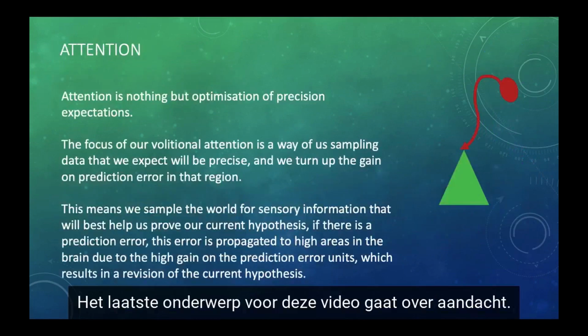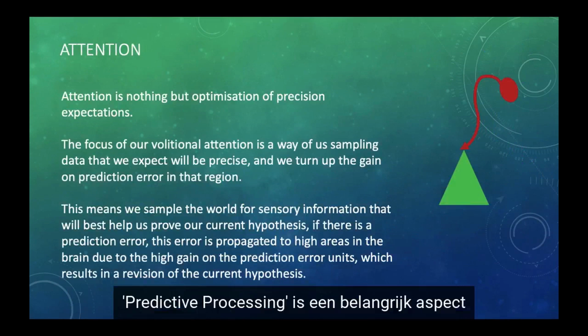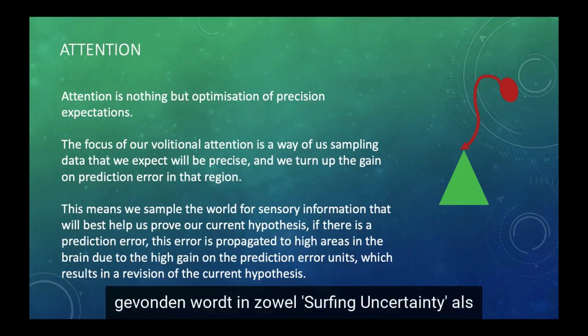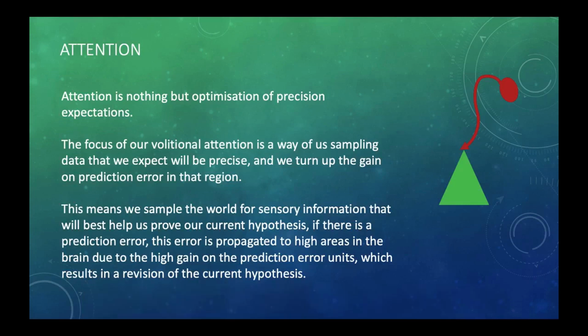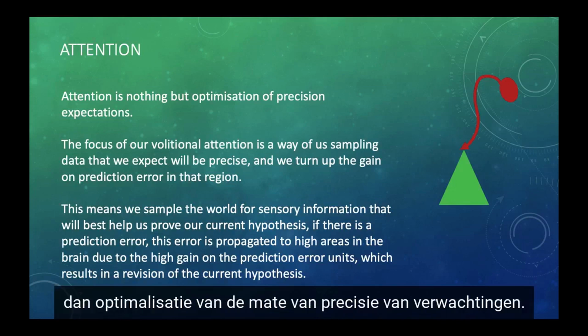So there's one last part for this video, which is on attention. Predictive processing has something important to say about attention, and one of the slogans found in both Surfing Uncertainty and The Predictive Mind is that attention is nothing but optimization of precision expectations.